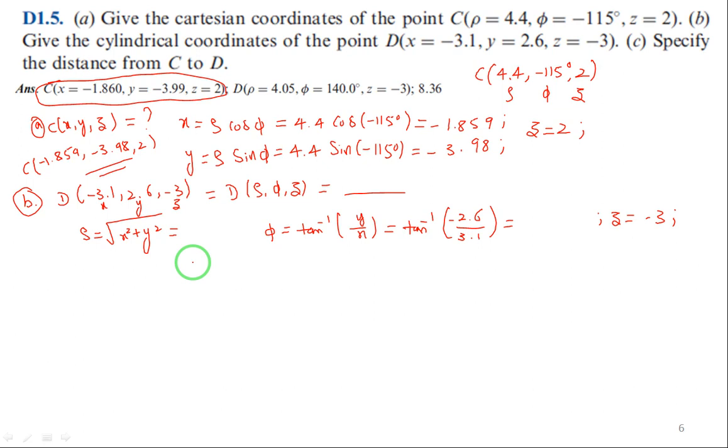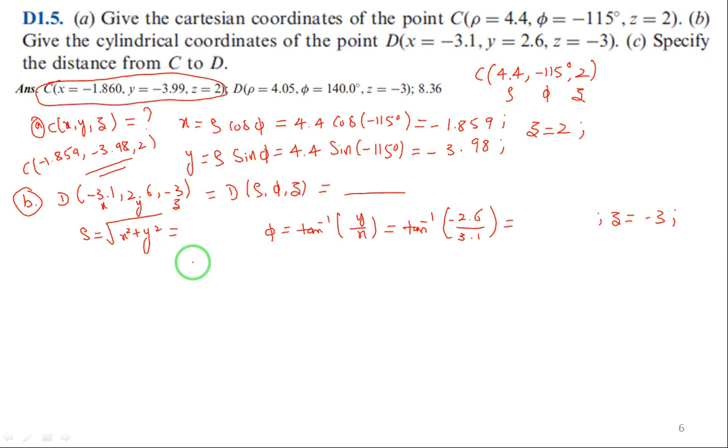Yes, 3.1 square. I have taken 1.859. One minute I will calculate here. 3.1 square plus 2.6 square. Yes, I am getting 4.045.